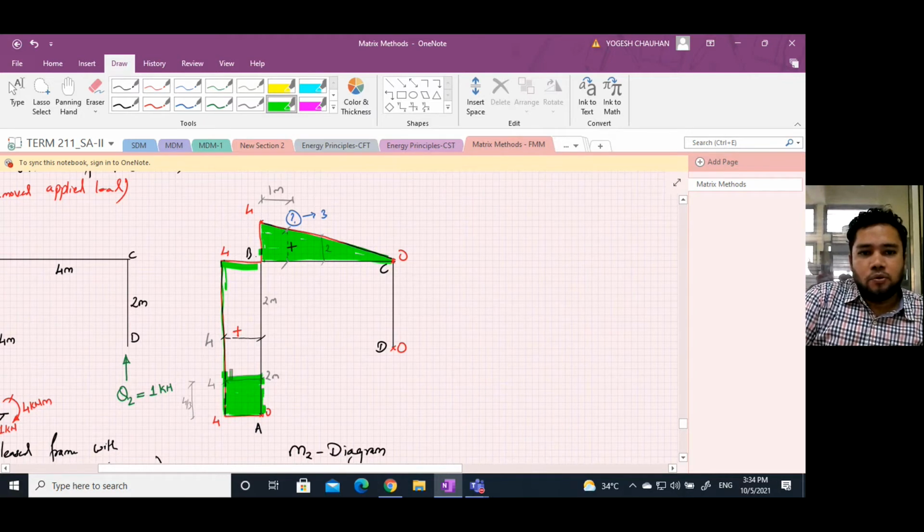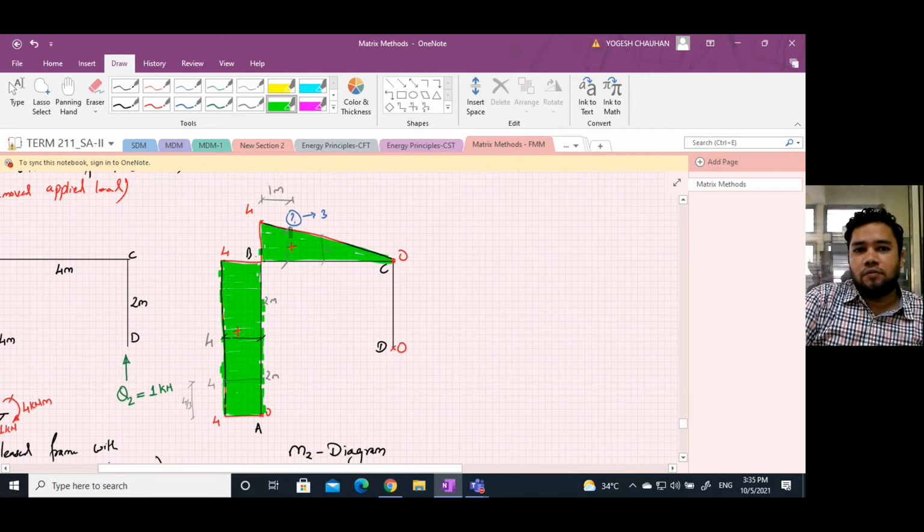Now for M2, we have to take the ordinate corresponding to this. So here this will be at distance 4 by 3 and 8 by 3 from here.